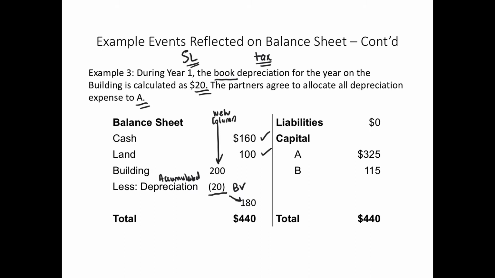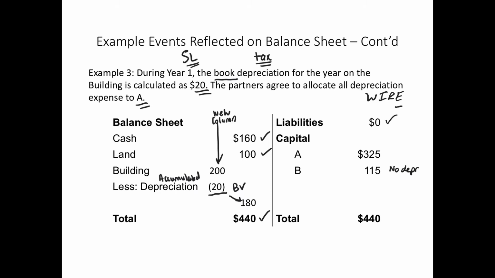We then add these numbers together and we get 440. We have no liabilities yet. And then our capital account. B is allocated no depreciation, and you're wondering, how does this affect capital, right? WIRE. Well, depreciation is an expense. Expenses decrease capital.